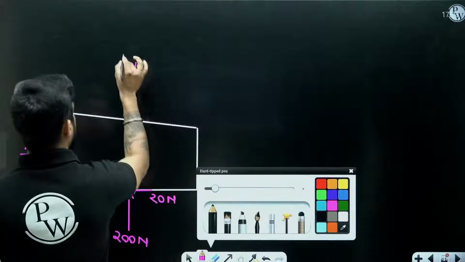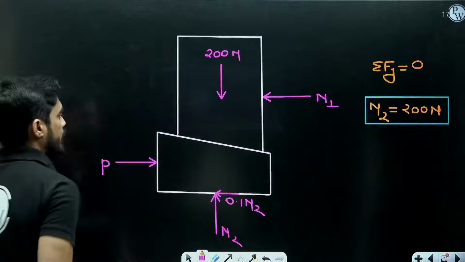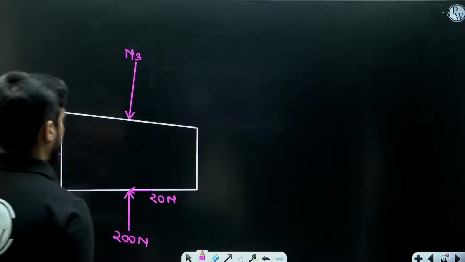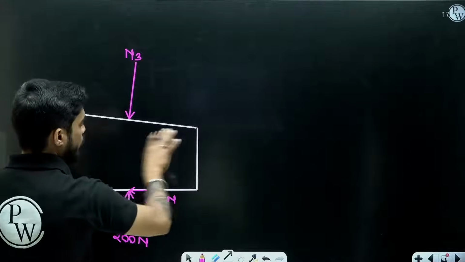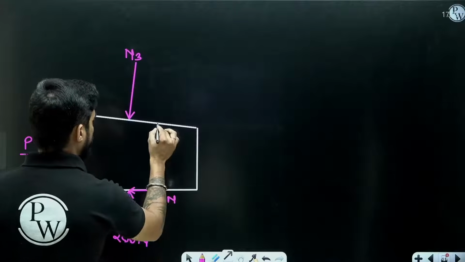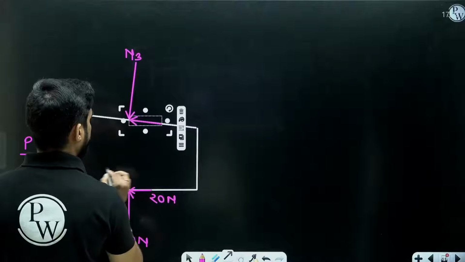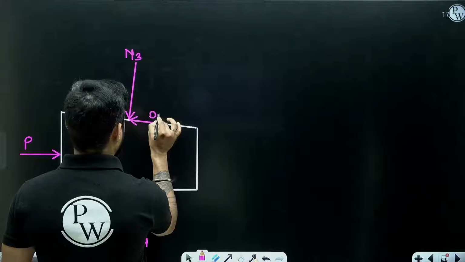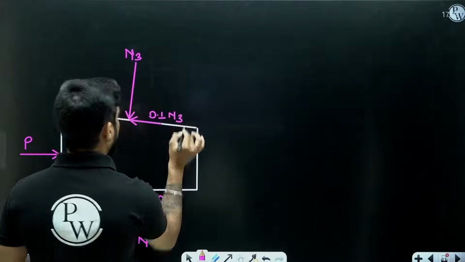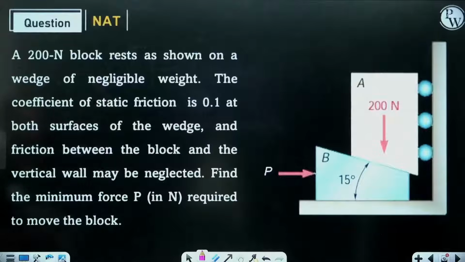So this is N3 and friction force will be, the wedge is going towards right, so friction force will be towards left. So this will be 0.1 N3, 0.1 on both sides.